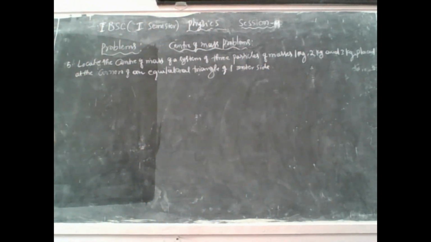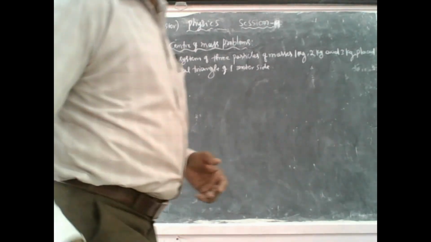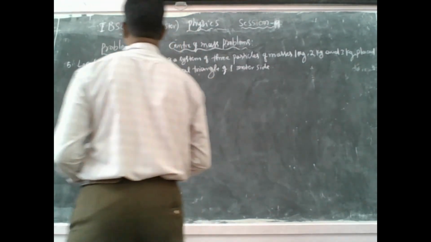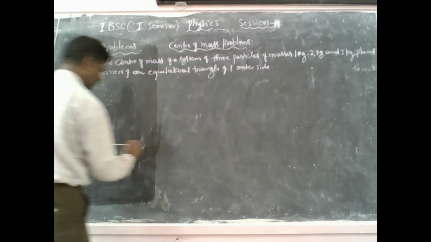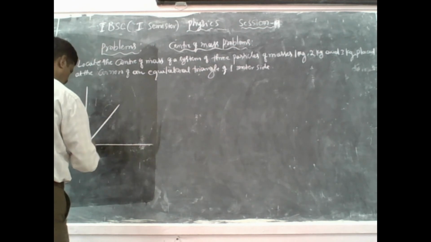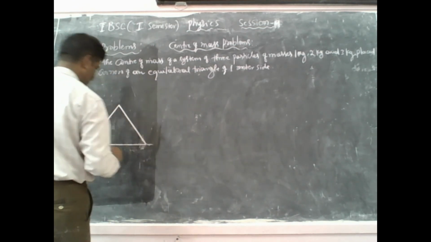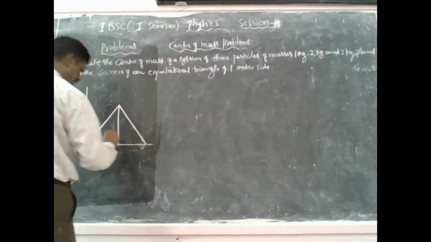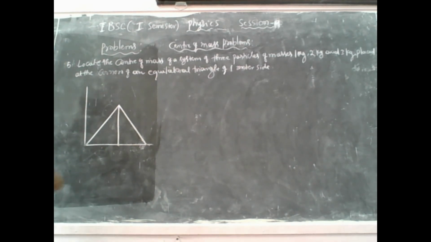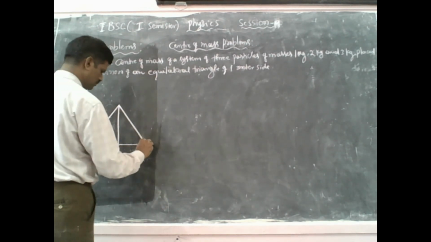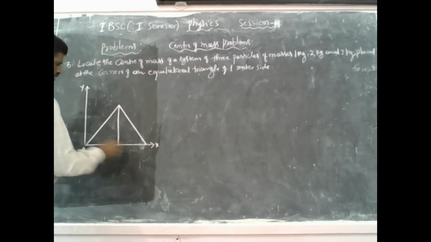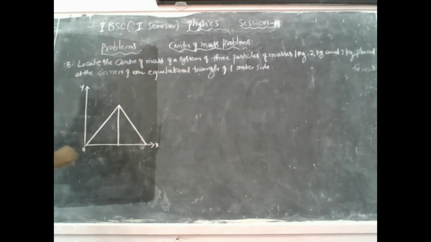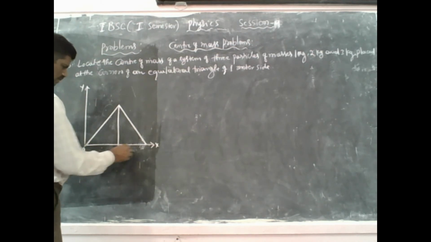And this is the same problem as the earlier problem, so therefore we can do it easily, and we have to draw the equilateral triangle. In an equilateral triangle, all sides are equal, isn't it? So therefore, the triangle is situated in only the xy plane, isn't it?